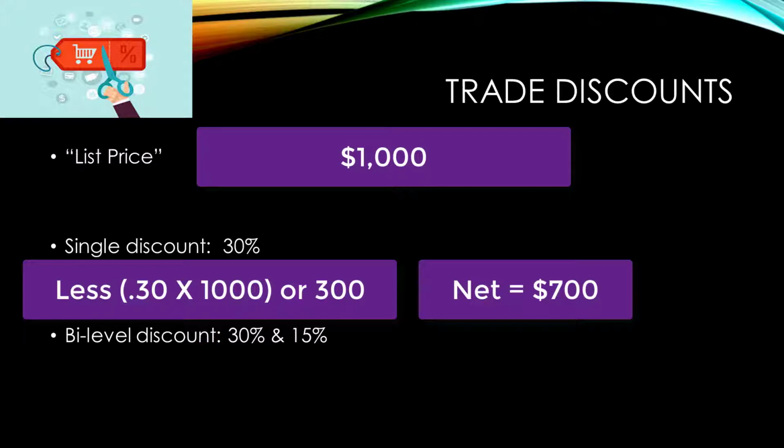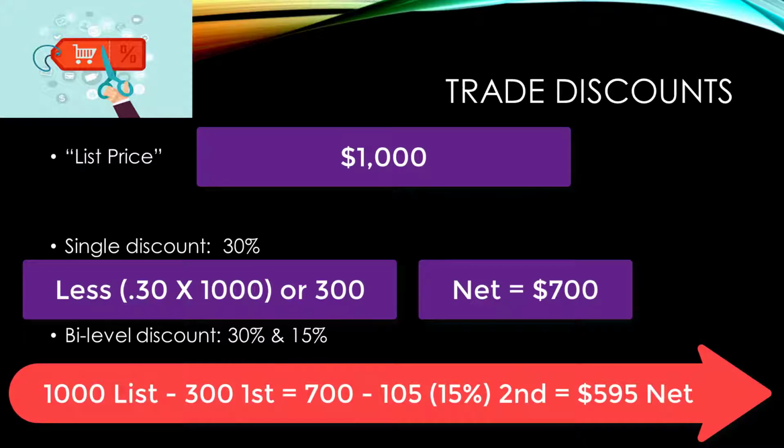The correct accounting would be to start with the list price, take off the first 30% discount, which would mean a minus $300, giving us a first level price of $700, and we would apply the next discount of 15% in this case to the $700, giving a second discount of $105.